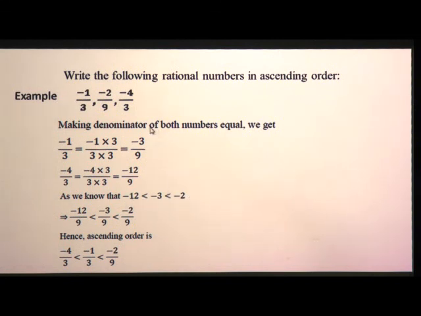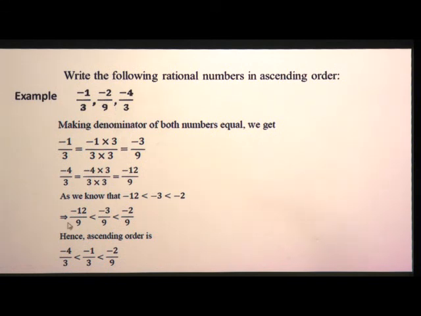So, here we can compare, since we have made the denominator 9 for all the rational numbers. So, we can compare which rational number is greater. After finding out which is greater or smaller, we can arrange them in ascending order.